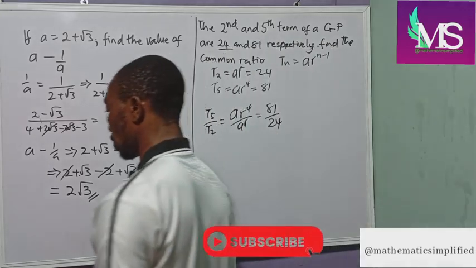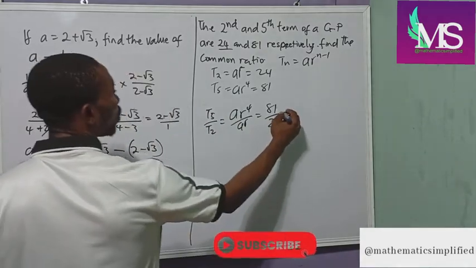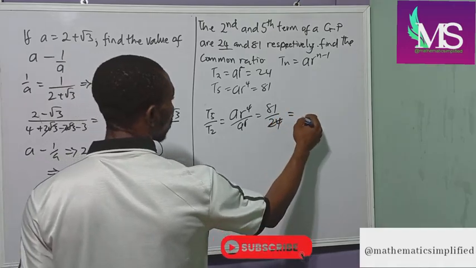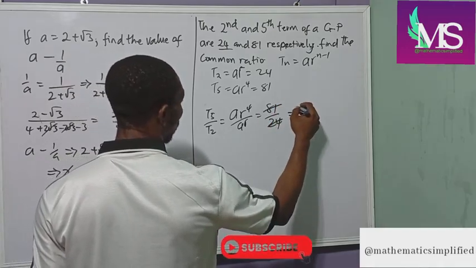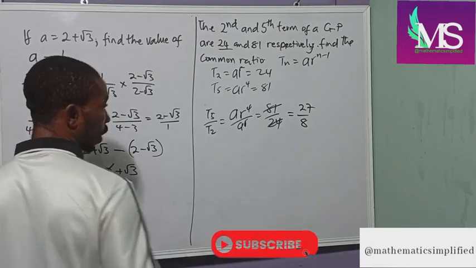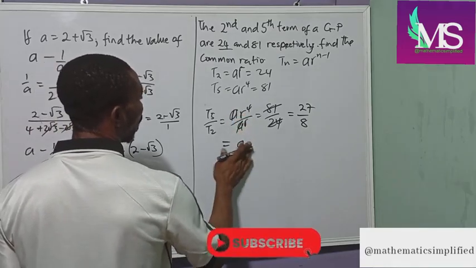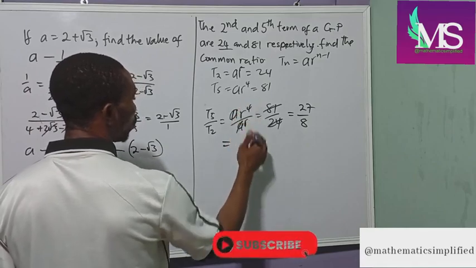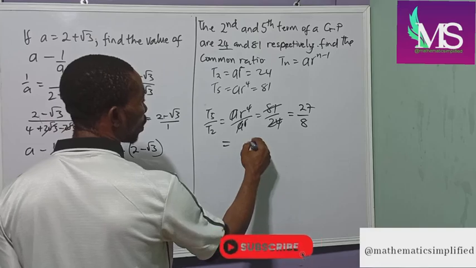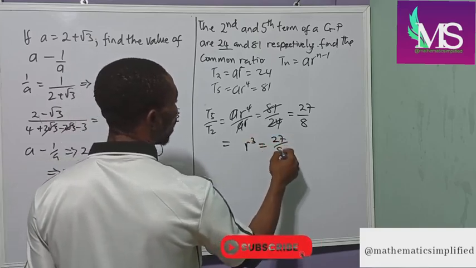Now breaking this down by 3, 3 into 24 will give us 8. 3 into 81 will give us 27. Okay, so we have a, we cancel a. Now, 1 r, we cancel one of this to leave us with r raised to power 3 equals 27 over 8.